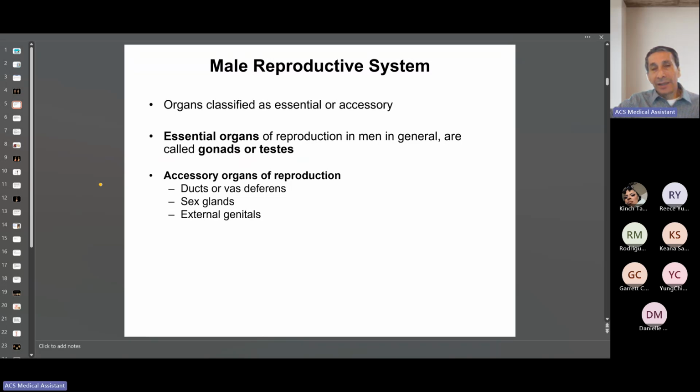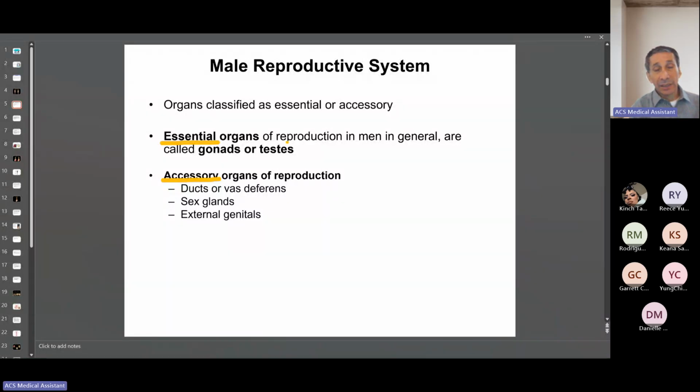As with any other organs, remember, some organs are known as the most important ones, if you will. Within the male and female reproductive systems, we're going to talk about organs that are considered essential and organs that are considered accessory. If you remember the skin, we have main organs and accessory organs.